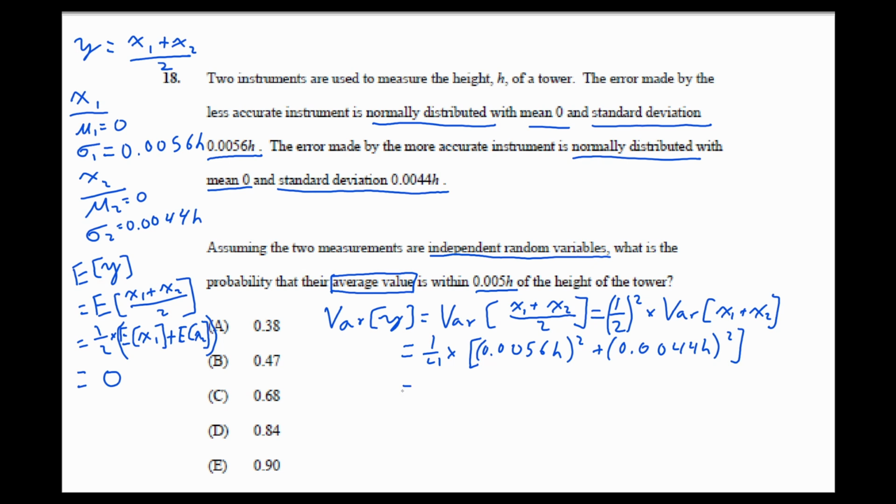And then that should equal, let me pull out my calculator for this, 0.0056 squared plus 0.0044 squared, divided by 4, which is equal to 0.0001268h squared.